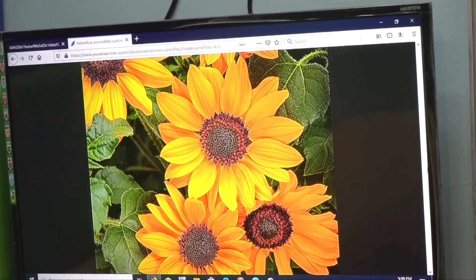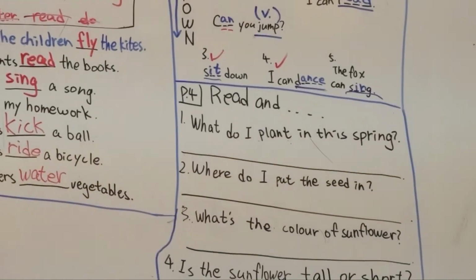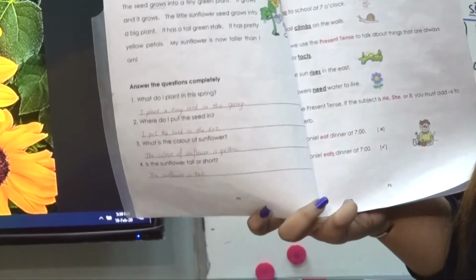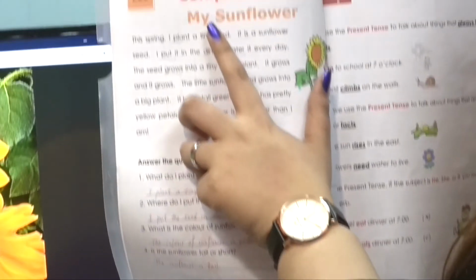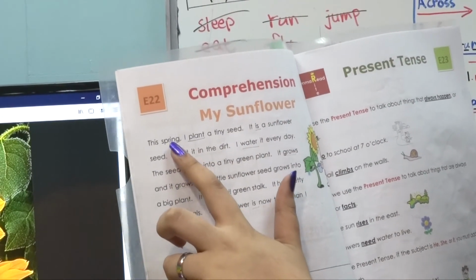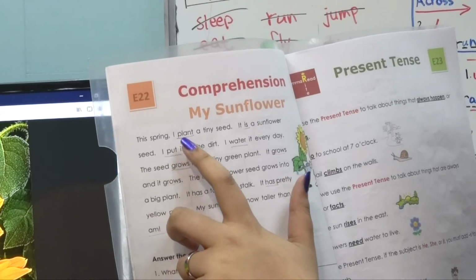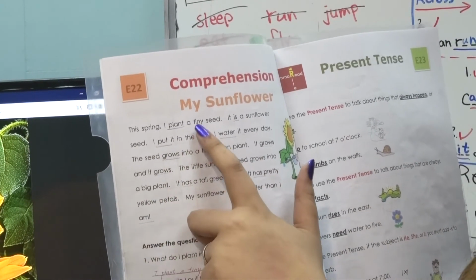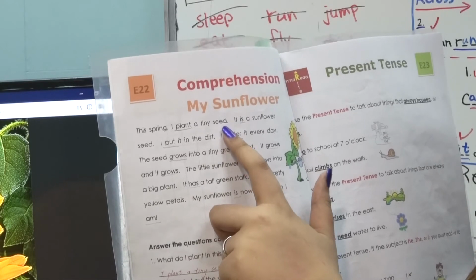Page number 4. All right. Let's read page number 4 together. My sunflower. This spring, I plant a tiny seed.